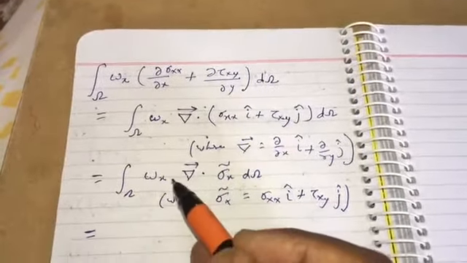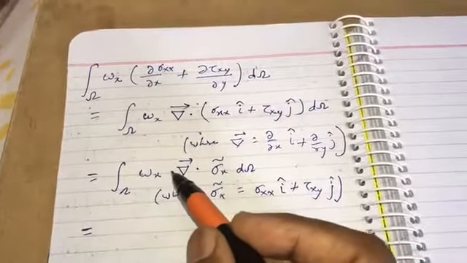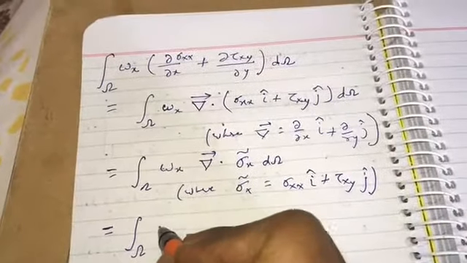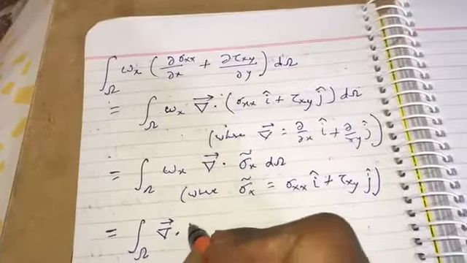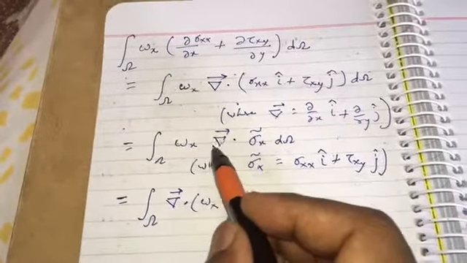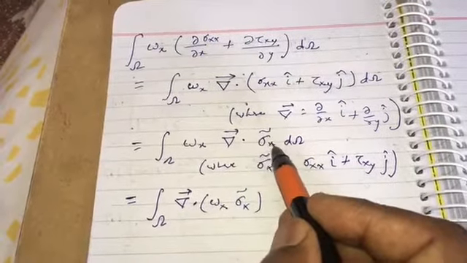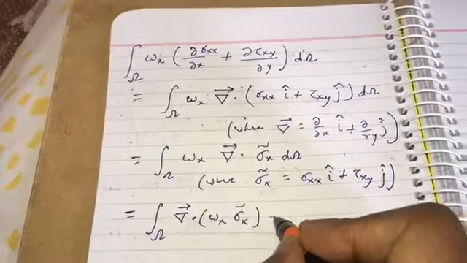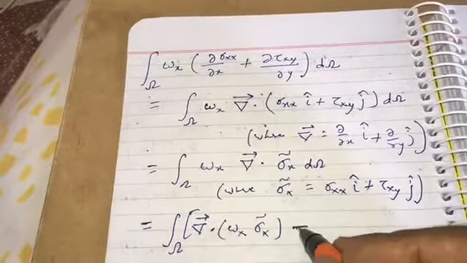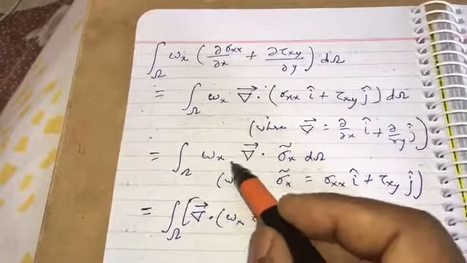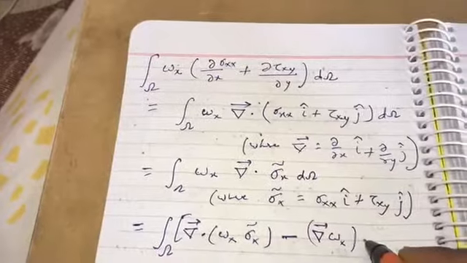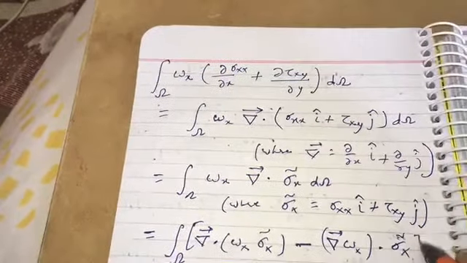So here we have a similar expression, and if we apply integration by parts, we get the divergence of wx multiplied by the sigma x vector, minus the integral of the gradient of wx dot sigma x d omega.